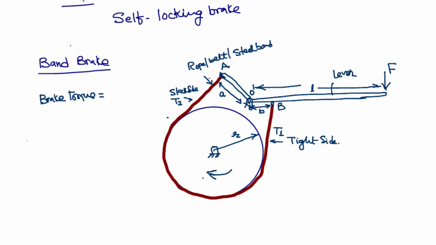Then brake torque equals T1 minus T2 multiplied by radius R.